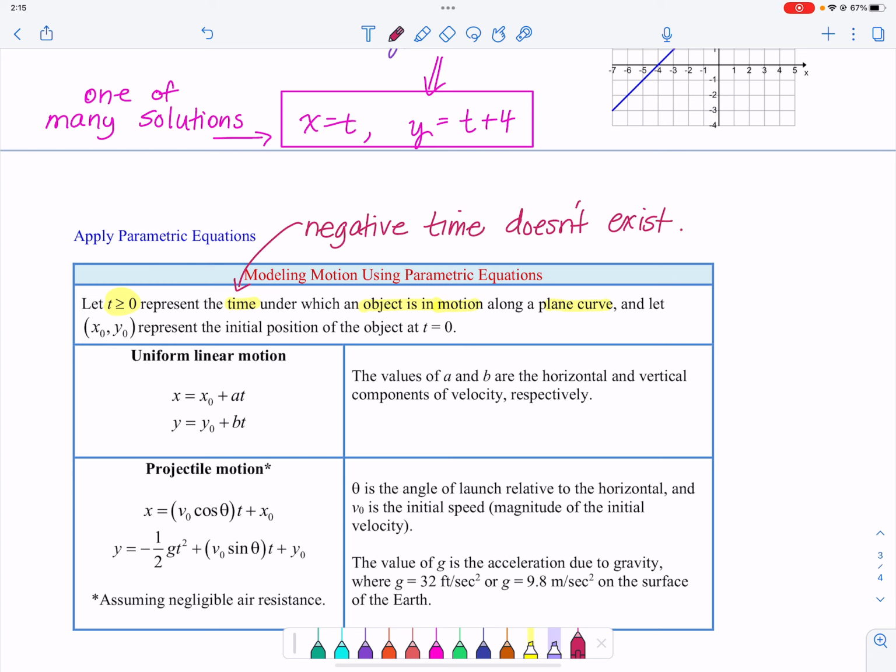And then we do want to make sure we let x sub 0 and y sub 0 represent the initial position at time 0. Okay?